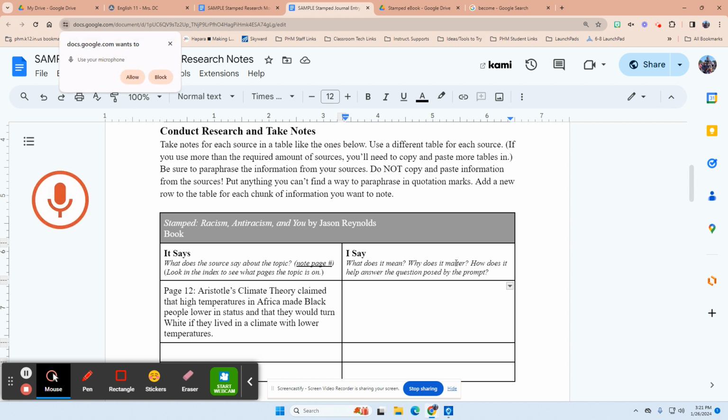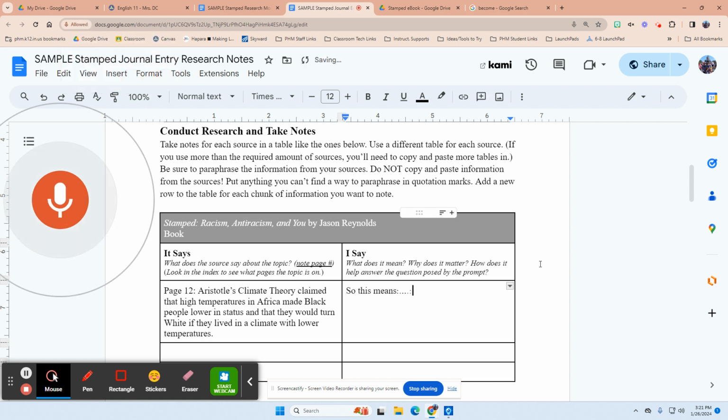So this means that people believed that where you lived could make you lesser of a human being.